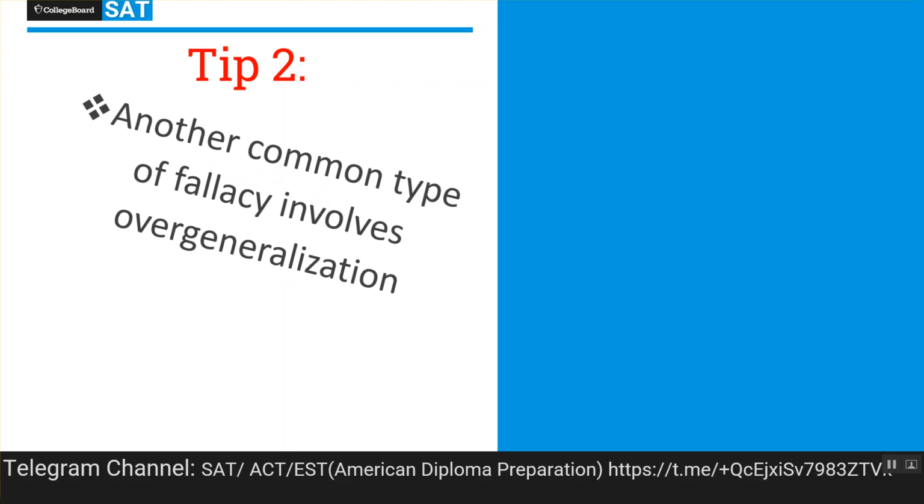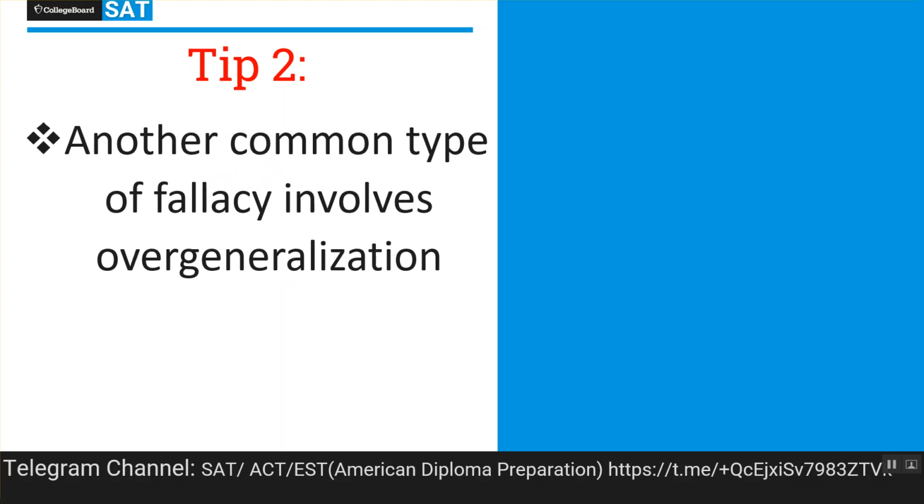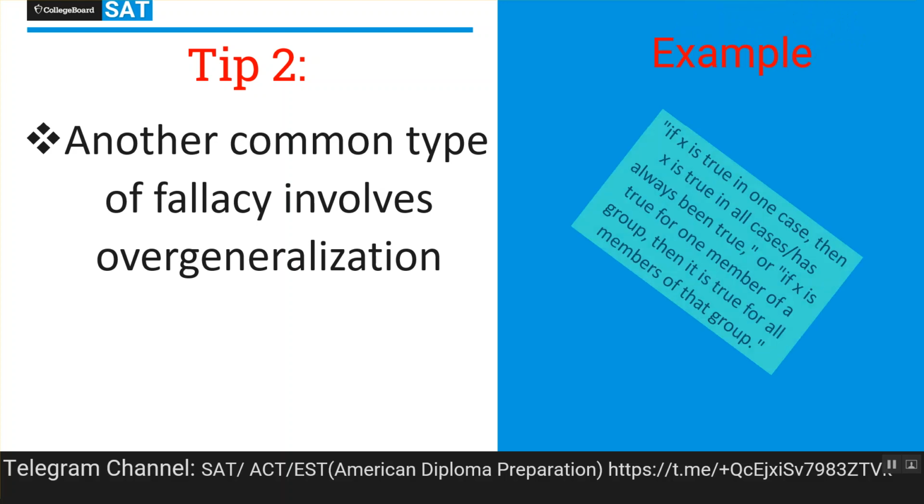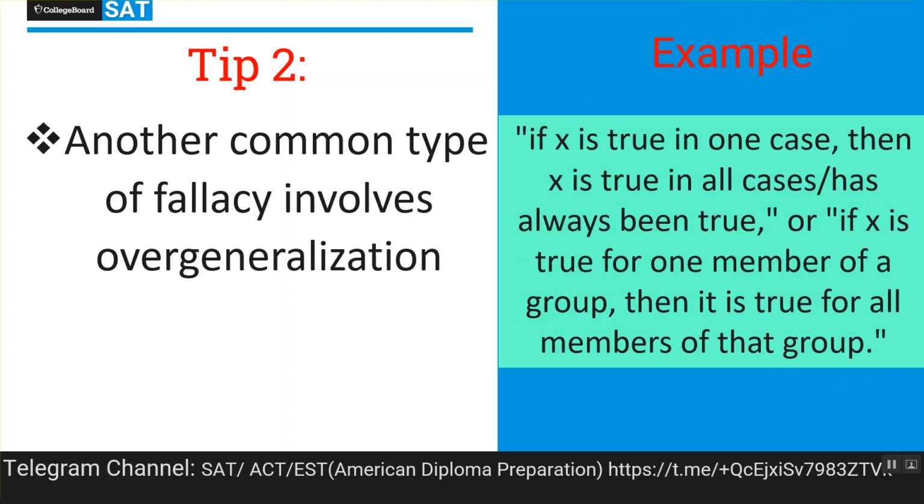Step 2. Another common type of fallacy involves overgeneralization. What do we mean by overgeneralization? If your passage gives you an example that X is true in one case, then it doesn't mean that X is true in all the cases.